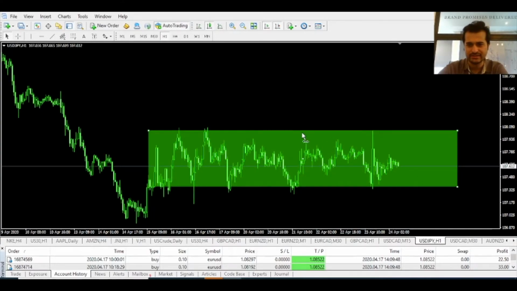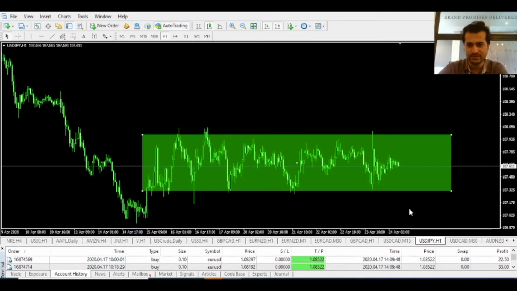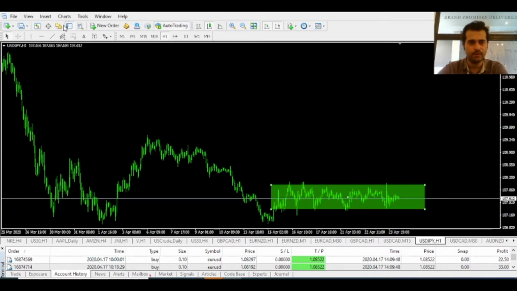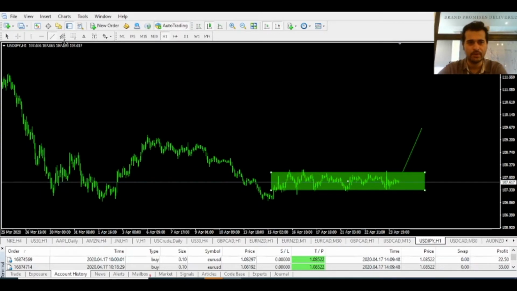So it's ranging, which means investors are still not sure about the clear direction on USDJPY, but we believe any break above this will open the door for USDJPY to go up, and any break below this will open the door for it to go down.